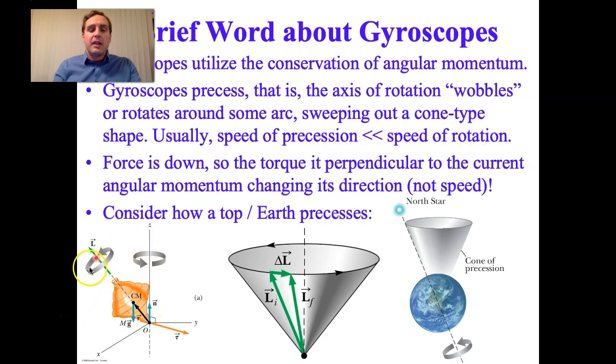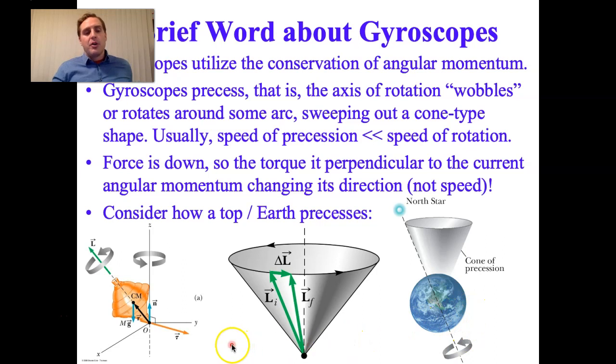Now, in an example like this with the top, the force is down, say this weight, so the torque is perpendicular to the current angular momentum that the spinning object has. But notice that that's going to change the direction of the axis, but not the speed of rotation. So a top and even the Earth precess over time.